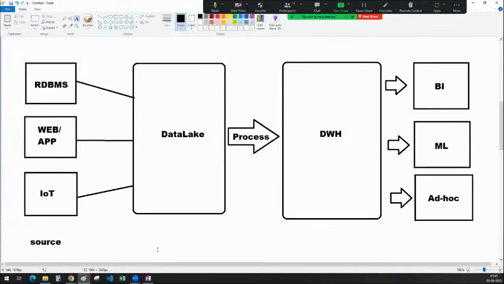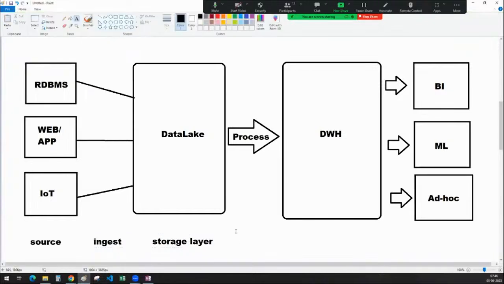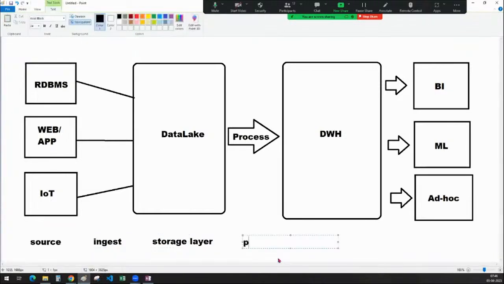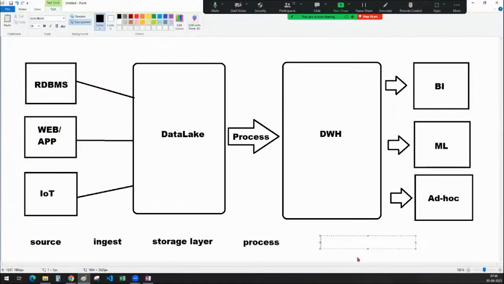From source to the staging or data lake, people call it the storage layer. Here we are doing ingestion, collecting the data. And in the data warehouse, we are trying to process, transform, or analyze the data, right?